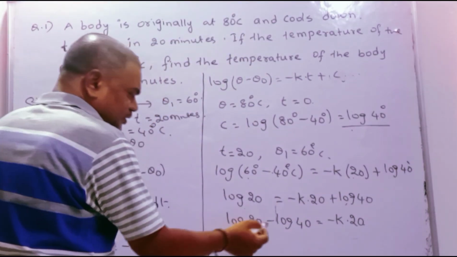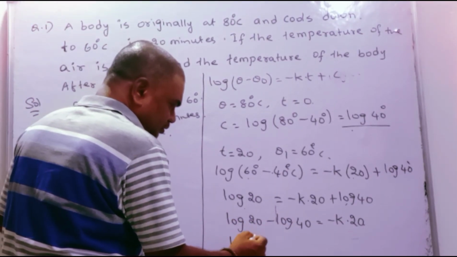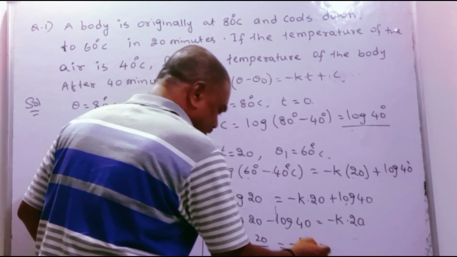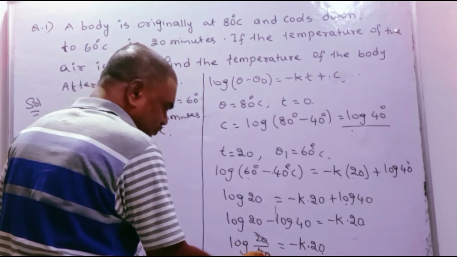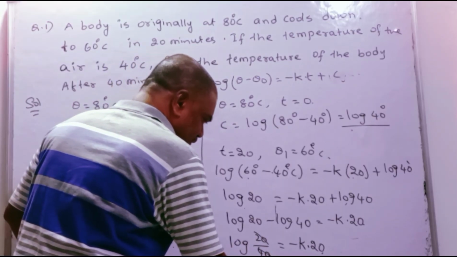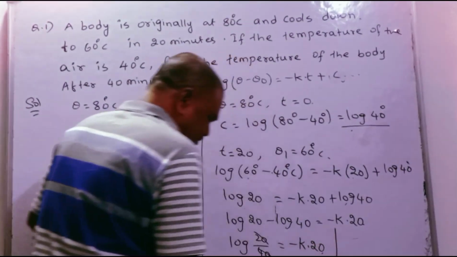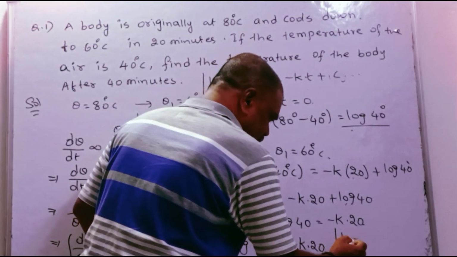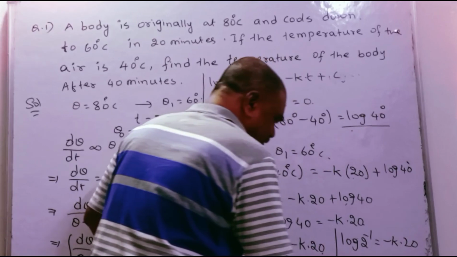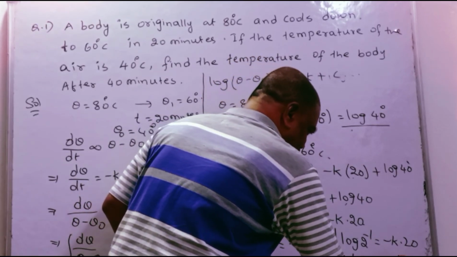Using the log rule, log a minus log b, we get log 20 by 40 equal to minus k into 20. This is log 1 by 2 equal to minus k into 20, which can be written as log 2 power minus 1 equal to minus k into 20, so minus log 2 equal to minus k into 20.